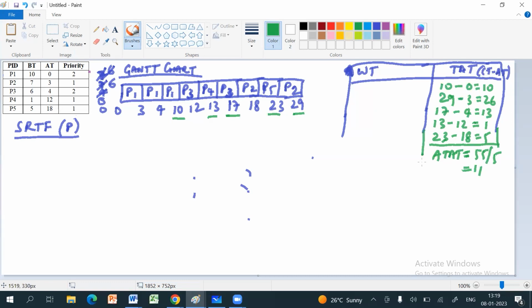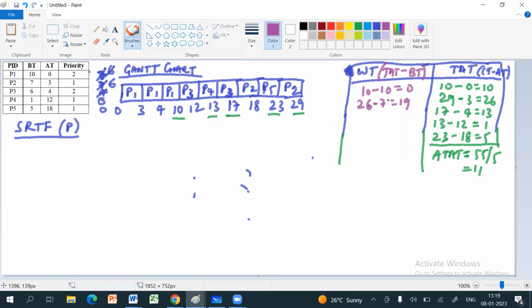Now similarly, go for it the way we have done in the priority preemptive version. Wait time can be computed using a simple formula, like I said, which is turnaround time minus the burst time. So for P1, it is 10 minus the burst time, which gives 0. Then 26 minus the burst time for P2, which is 7, gives 19.